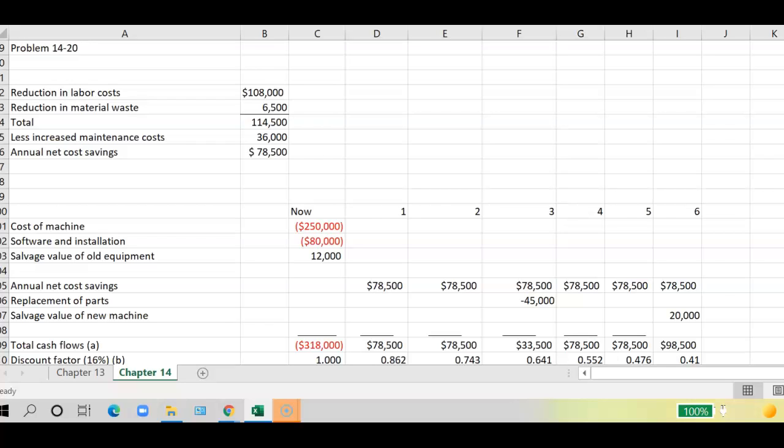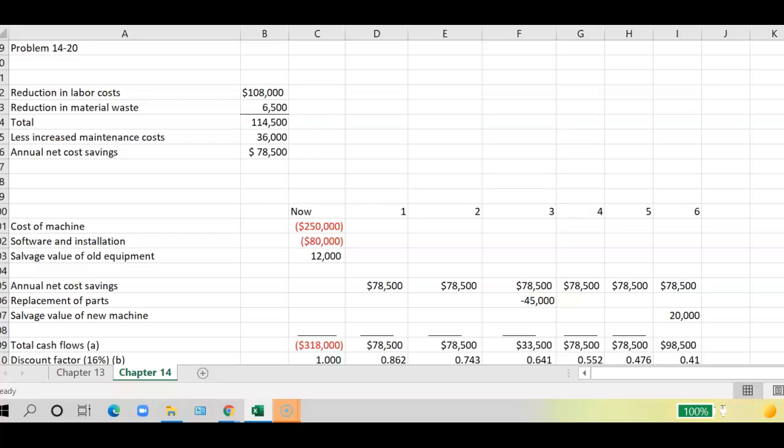include our yearly costs or inflows in one bucket, and then also note other cash inflows or outflows that only happen in a particular year. So the $36,000 per year would be an increase in maintenance costs, so it would be a cash outflow and would be used to reduce any cash inflows.